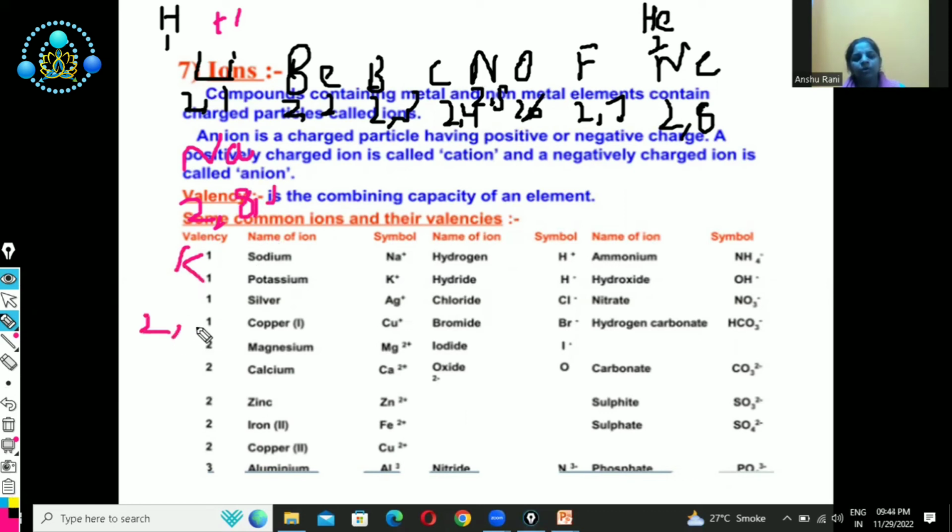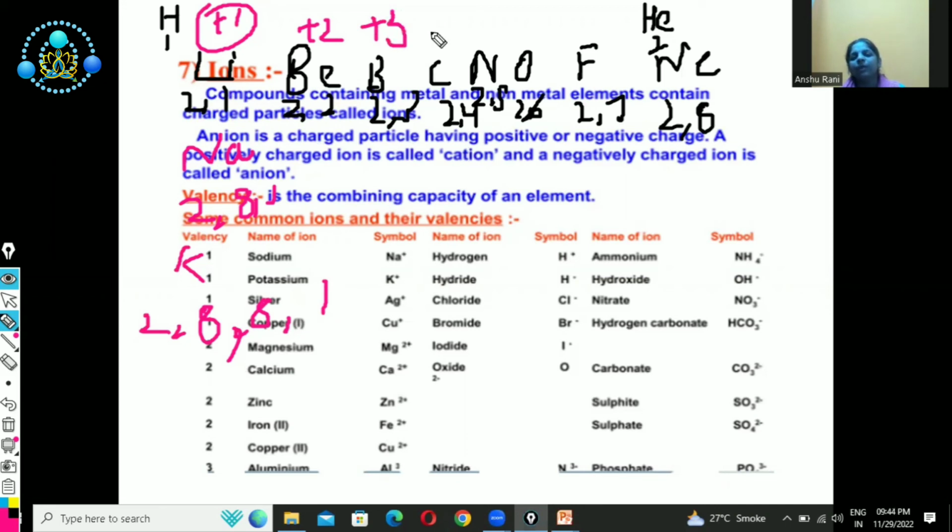Potassium will be 2, 8, 8, 1. So they are all having 1 electron in the outermost shell. This group will have a valency of +1. The second group has a valency of +2. The third group has a valency of +3.